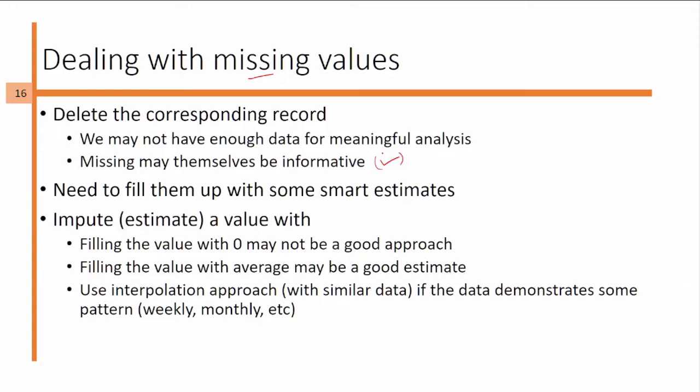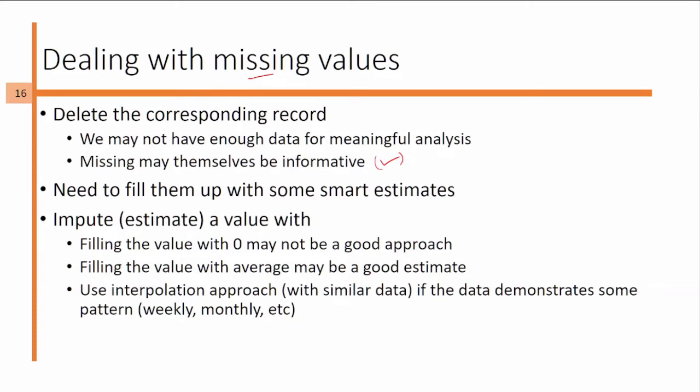Also, if you don't have enough data, you'll not have enough for meaningful analysis. So you can delete records if you have lots of data, but you always run the risk of deleting a record which may be informative.